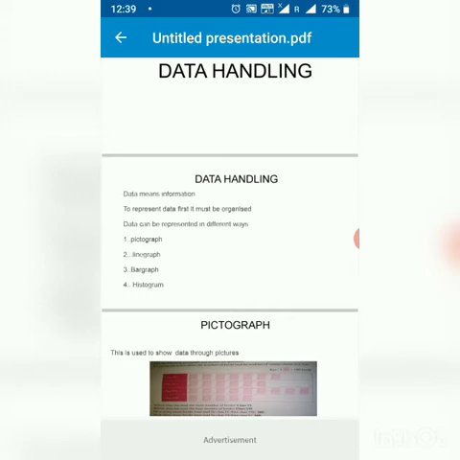Suppose it is asked to collect the number of people from your locality who have got a government job, that is also data. Suppose from one family 1, second family 2, or third family 0, that is also called data.